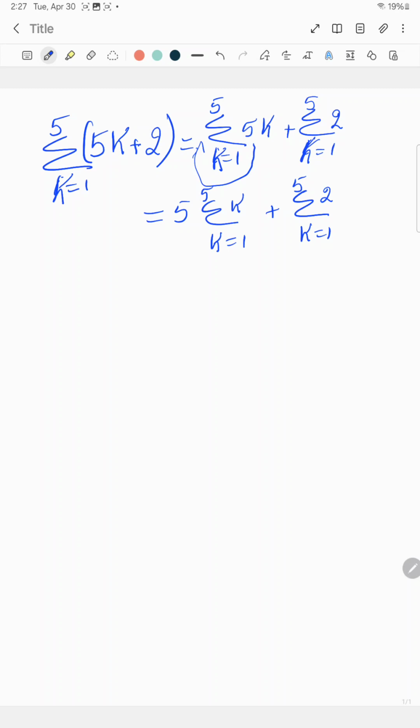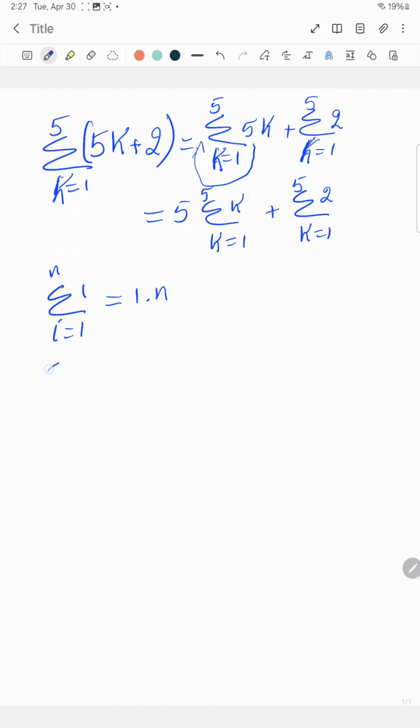And in my previous video, I gave you the sigma notation formulas. In that video, there were two formulas that I can use here. The first one is, if I have the sum of i equals 1 to n of 1, this is equal to 1 times n.